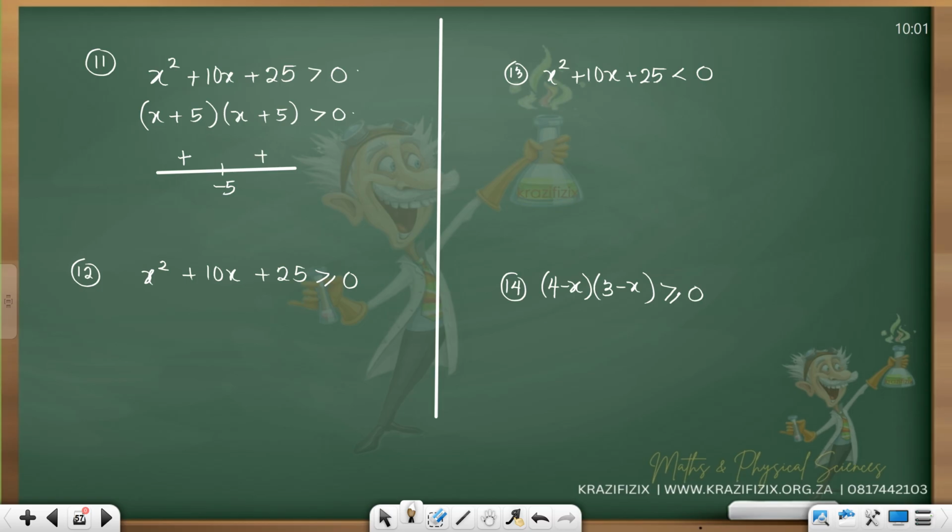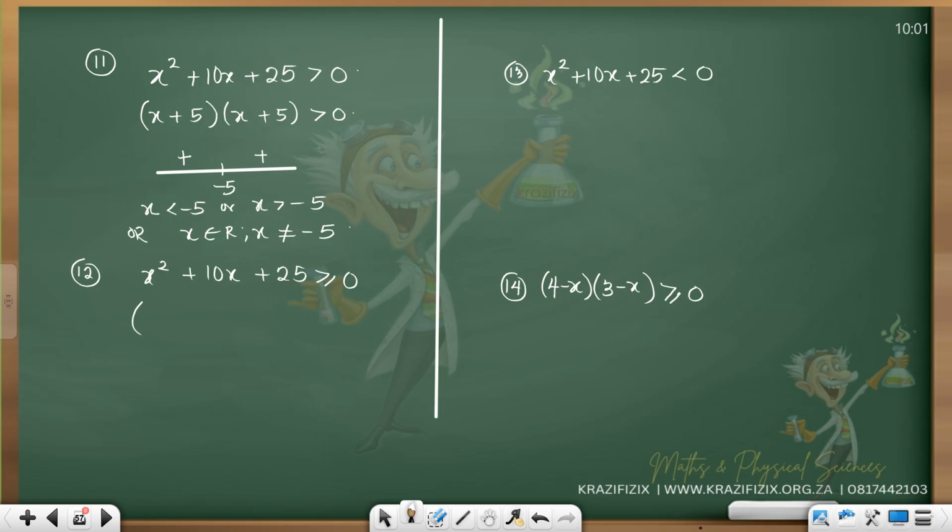But because my answer is not inclusive, x is less than negative 5 or x is greater than negative 5. That's my answer. Or I can say x is an element of real numbers, but x is not equal to negative 5. Take note of that answer.